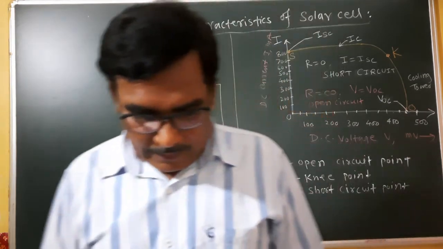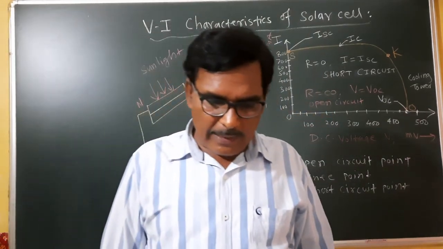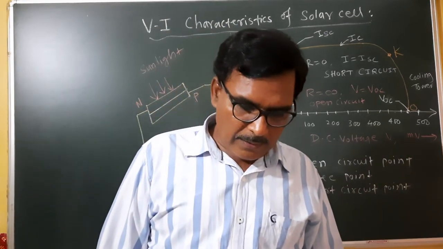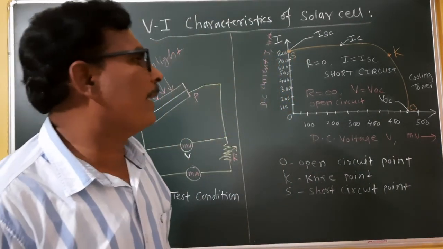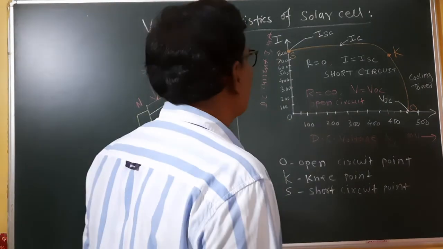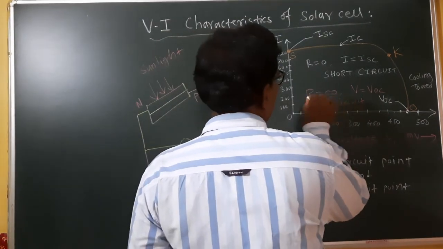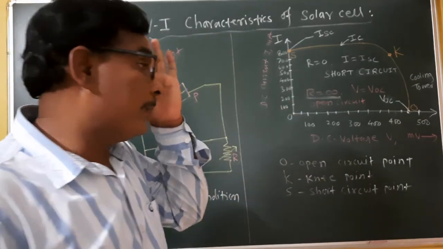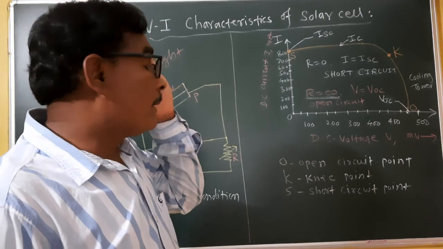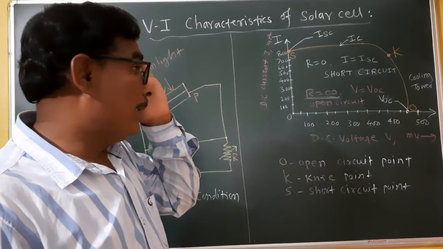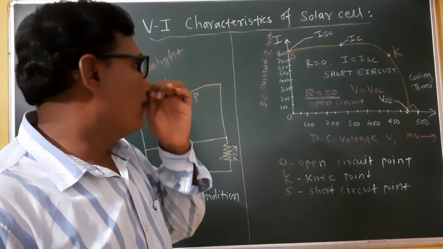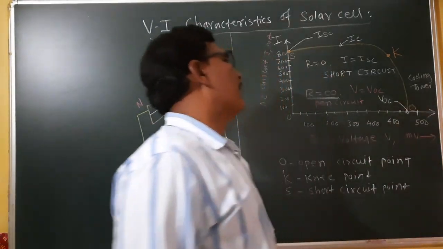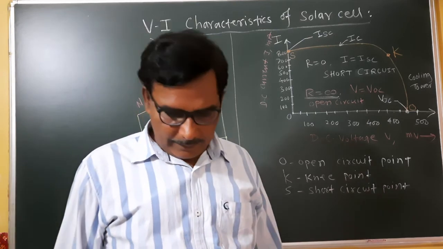What will happen when the external resistance R is very high, in the megaohm range? That condition is called open circuit. R should be infinity, and infinity means the megaohm range. At that time voltage is maximum. We get this point, and that point is called open circuit.